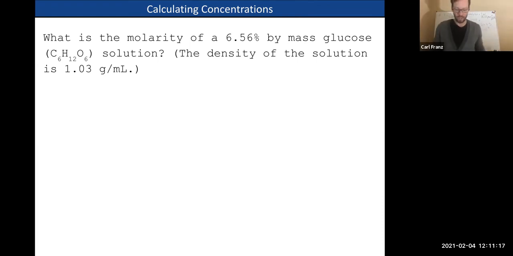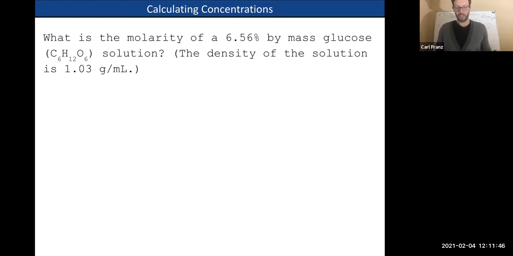So this is going to be very much like what we've already done in the previous problem, when we were looking at 10.5% sucrose. Set it up basically the same way. I think I'll let you guys work on that one.